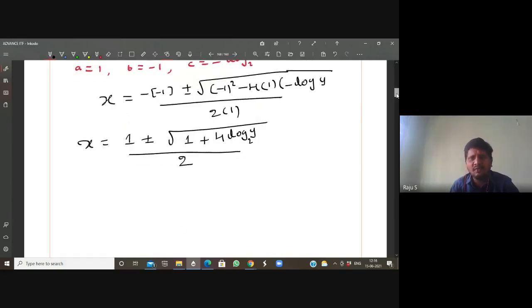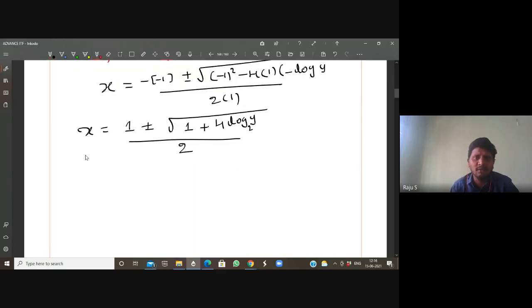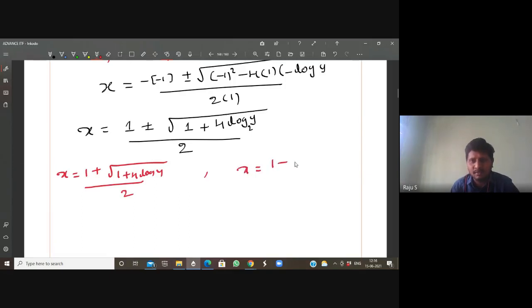Student, now if you observe here, x has 2 values. What are the x values? 1 plus the square root of 1 plus 4 log y base 2, all divided by 2. And another one is x is equal to 1 minus the square root of 1 plus 4 log y base 2, all divided by 2.